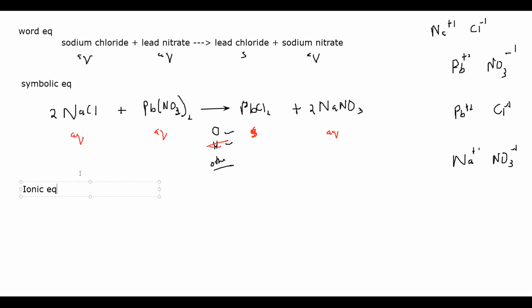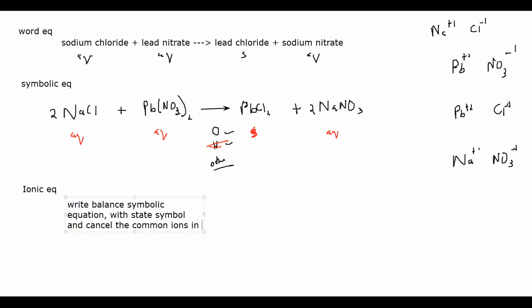To write an ionic equation, you will write the balanced symbolic equation with state symbols and cancel the common ions in aqueous.